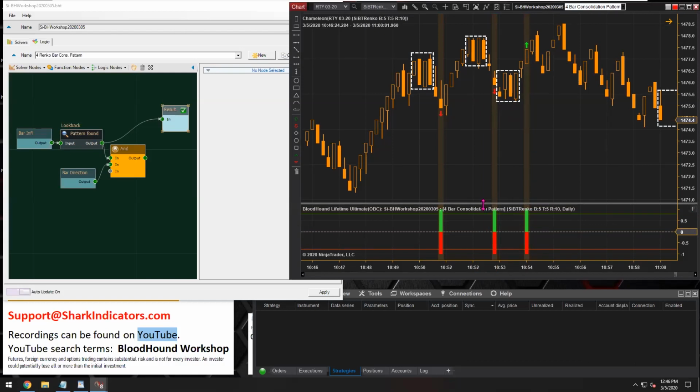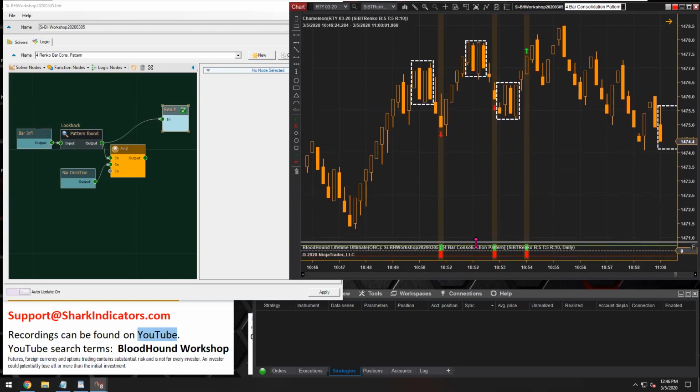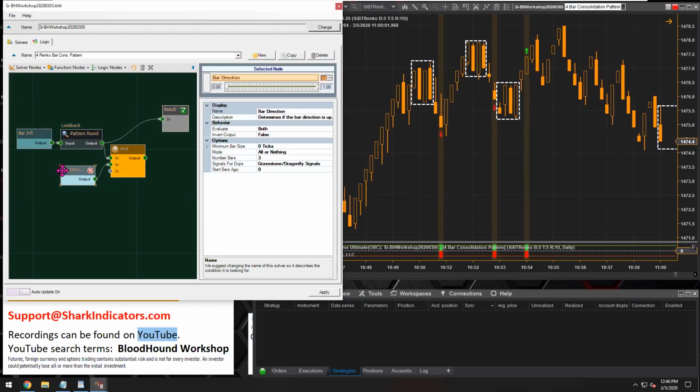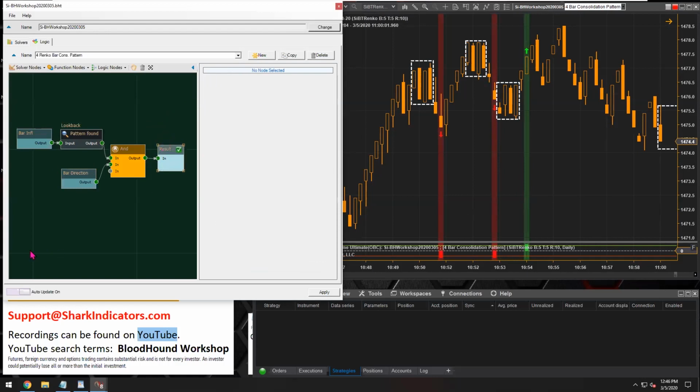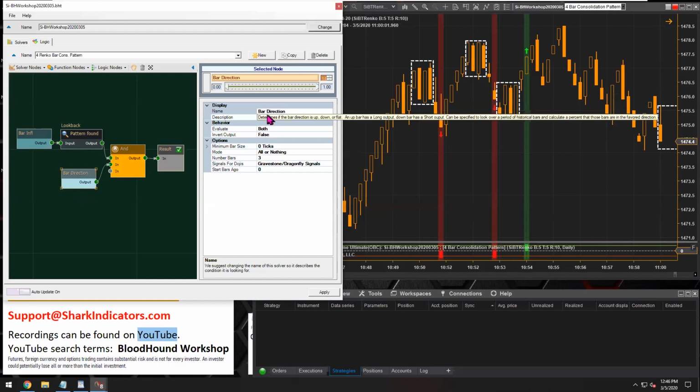It's not a directional pattern. Then we use the bar direction to define the direction of the signal, or I should say, we're using the bar direction to find the breakout direction.